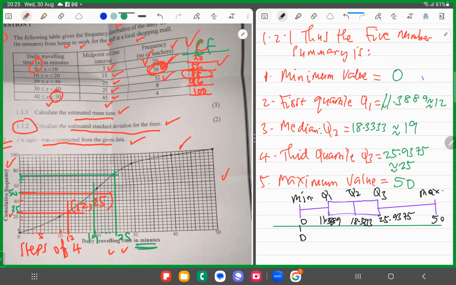And the axis is marked 0, 5, 10, 15, 20, 25, 30, 35, 40, 45, 50.